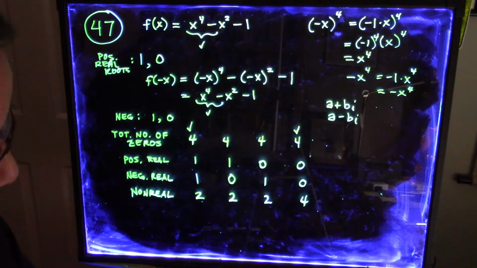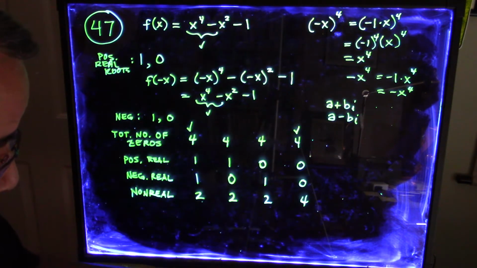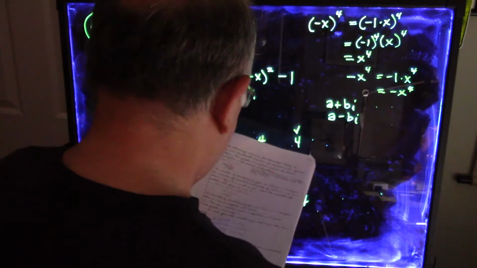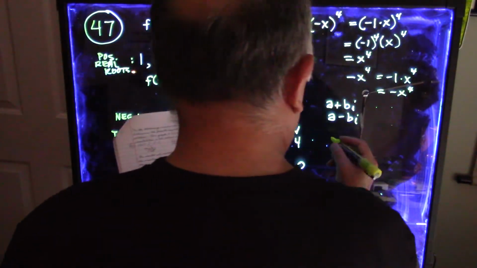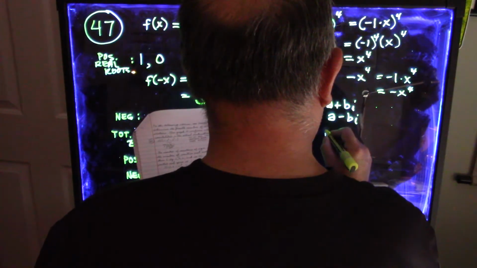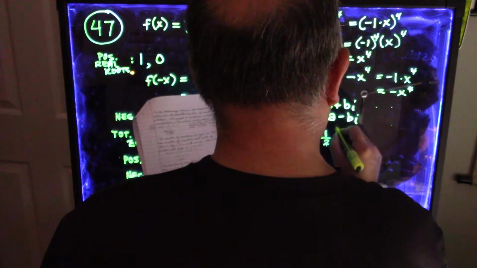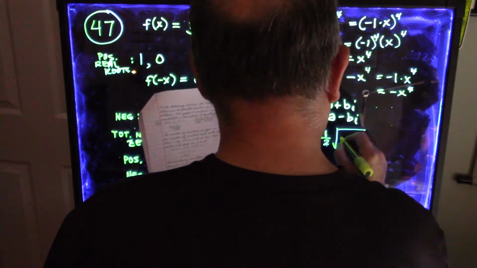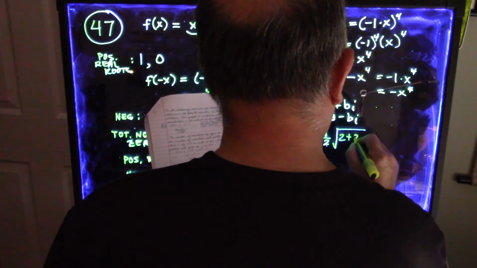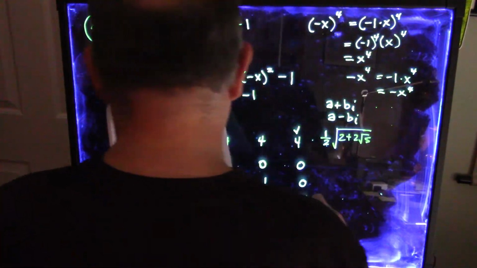Oh, and what are the 4 roots? Well, you could use a computer if you wish to solve this. It's 1/2 times the square root of 2 plus 2 square root of 5. These are irrational roots.